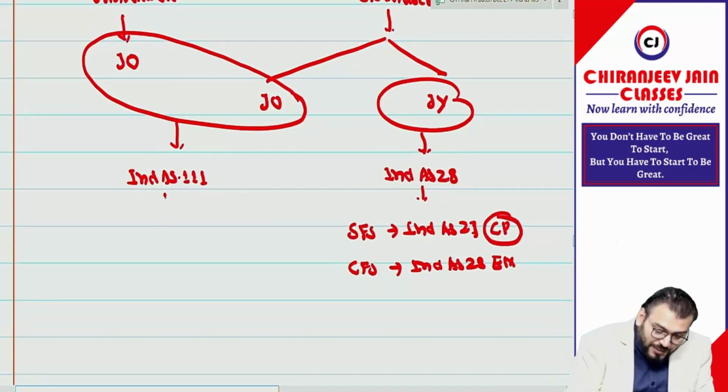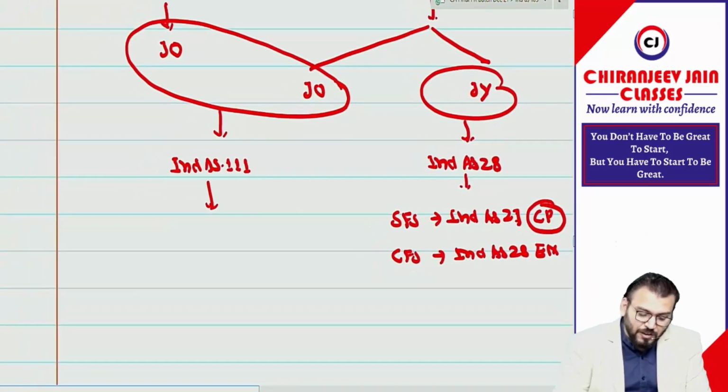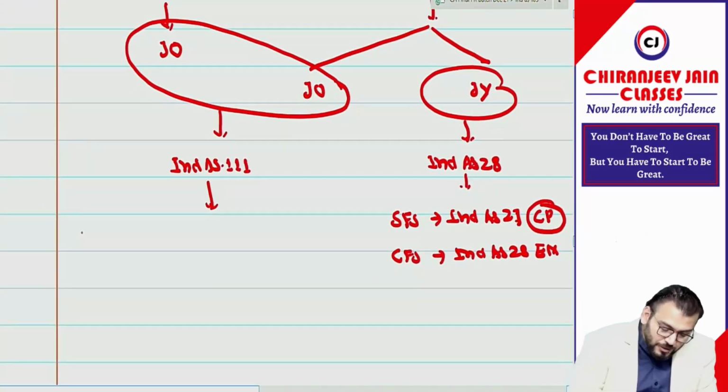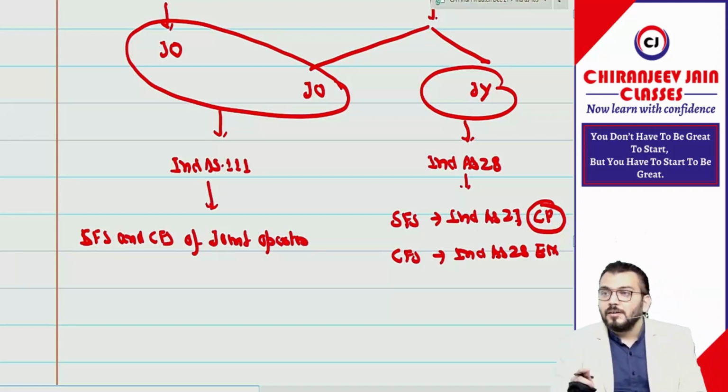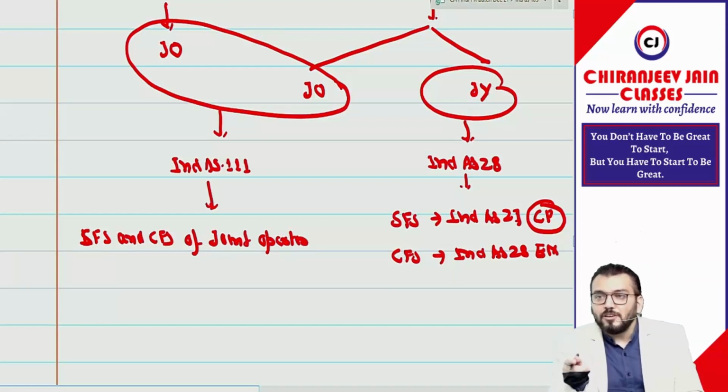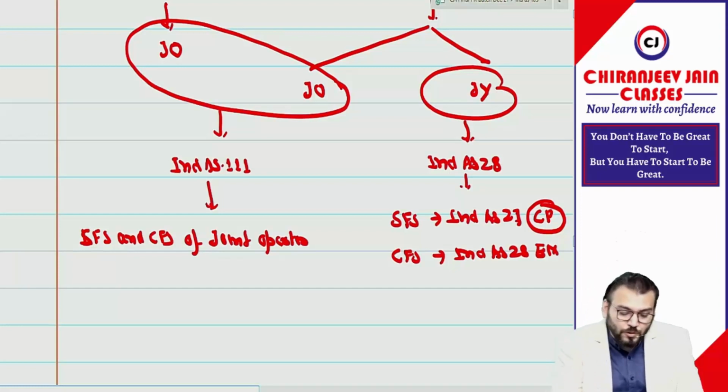Now, joint operation means what? Joint operation, in the separate financial statement and consolidated financial statement of what? Joint operator. You remember joint operator? Joint operators are the parties to the joint operation who have joint control over this arrangement. Understood? Correct.